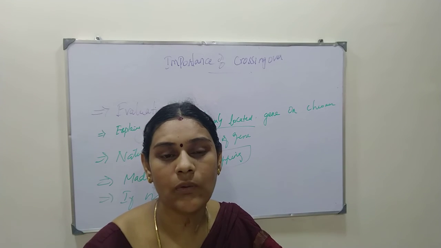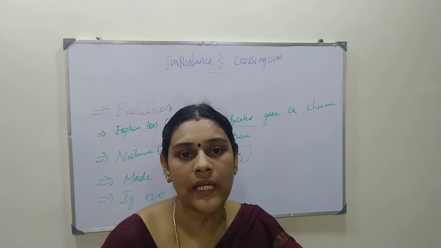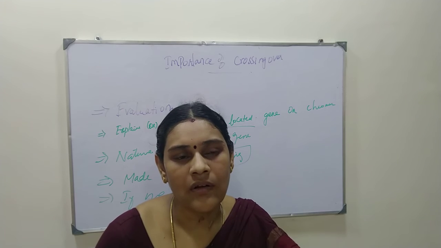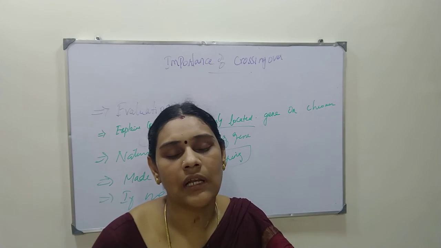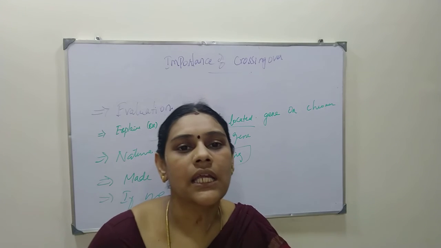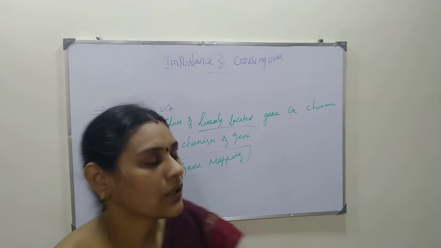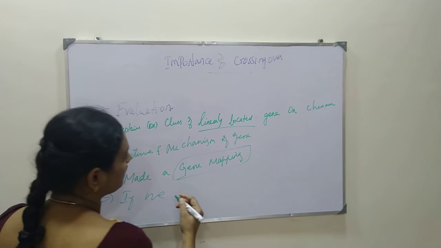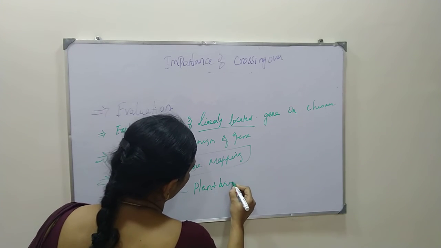If we get a really useful hybrid, a recombinant with high yield in a short period, with less investment and less input, that recombinant can be used in plant breeding techniques.